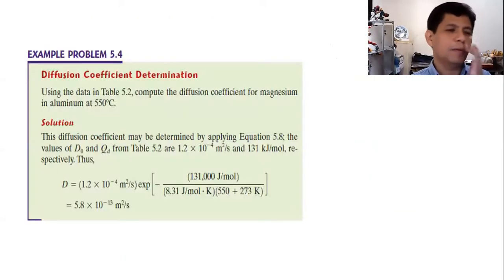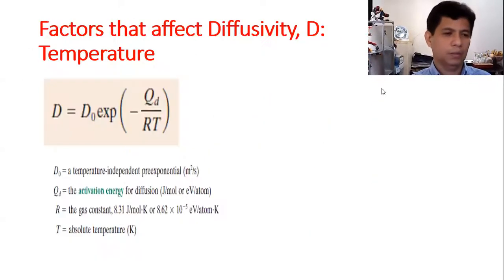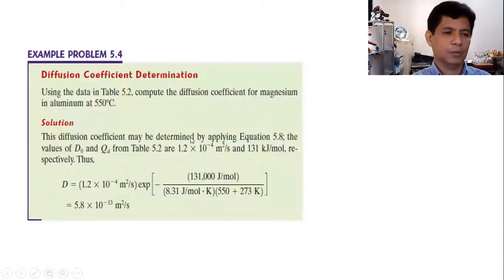Okay, so kamukha nitong problem na to. So gagamitin lang natin yung Boltzmann equation. Using the data in table 5.2, compute the diffusion coefficient for magnesium in aluminum at 550 degrees Celsius. So here we're going to use the previous equation: D is equal to D0 e raised to negative QD divided by RT.